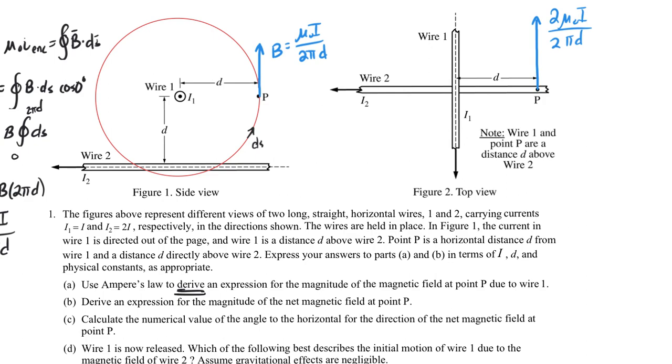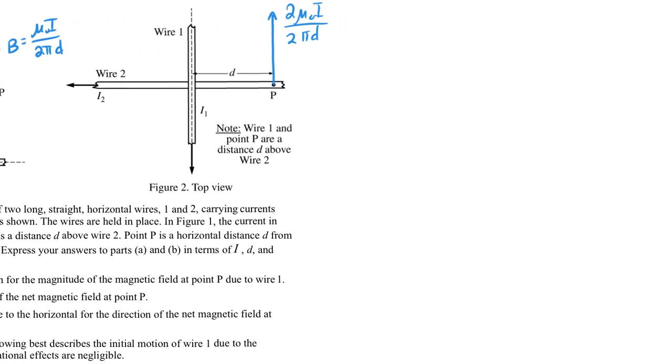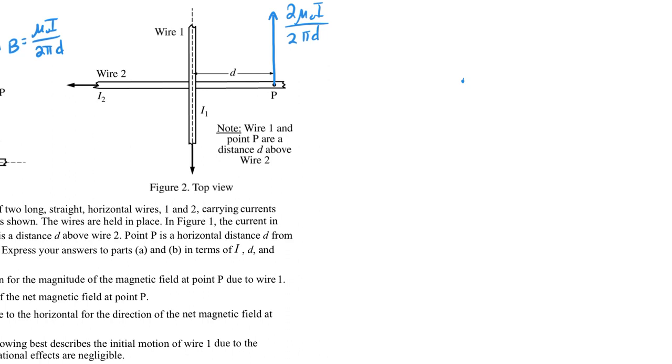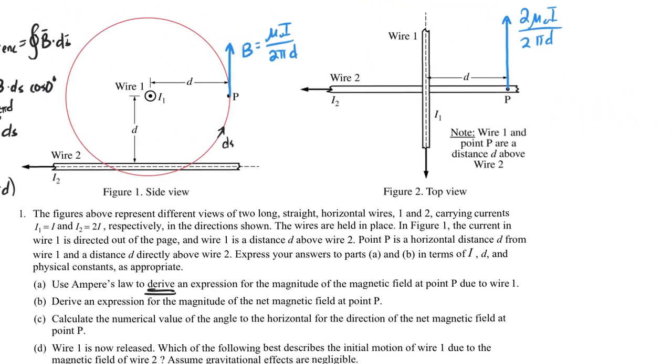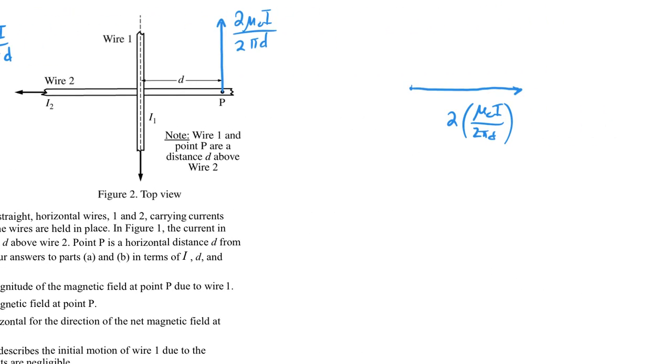So I want to kind of turn it to the side and recognize that we have a magnetic field that is this way, that is 2 times mu naught I over 2 pi d, and this is side view, so this way, that is just mu naught I over 2 pi d, and they are at right angles to each other. Does that make sense?